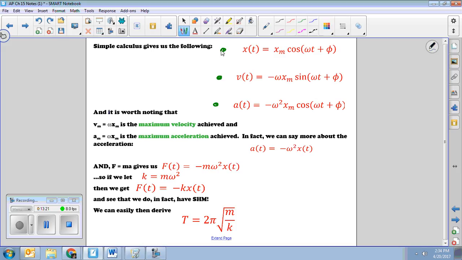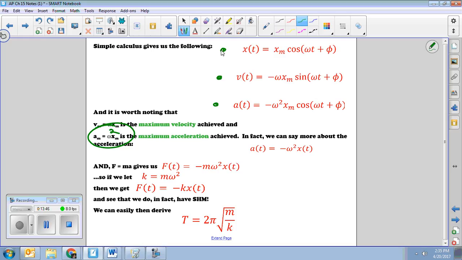And by the same logic, I would have caught that in like 2 more seconds. By the same logic, the maximum acceleration is omega squared times xm. Thank you. Yes? Not into negative. We're just talking about the magnitude, yeah. So the idea is it's going to oscillate between positive this value and negative that value. Good?